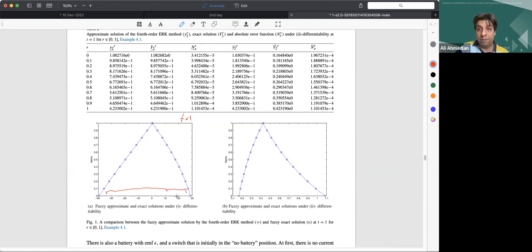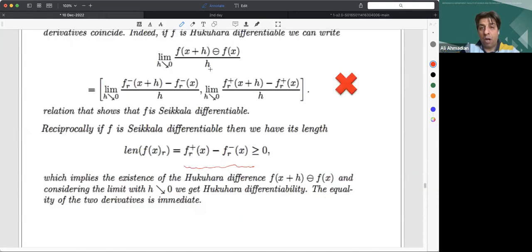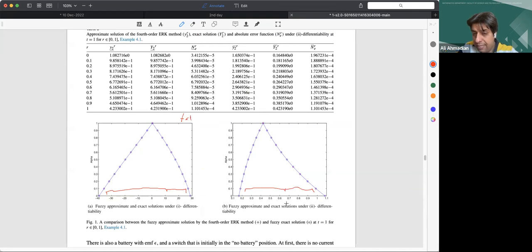Using Hukuhara differentiability, but if I use generalized Hukuhara differentiability, then you can see the length, meaning the difference between left and right of the fuzzy number. You can see the length here and compare it with the length here.